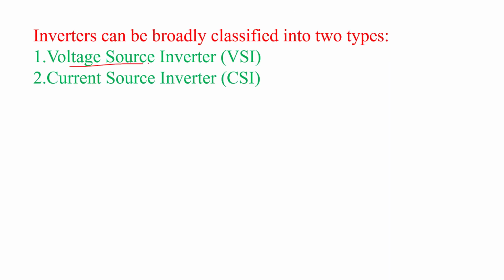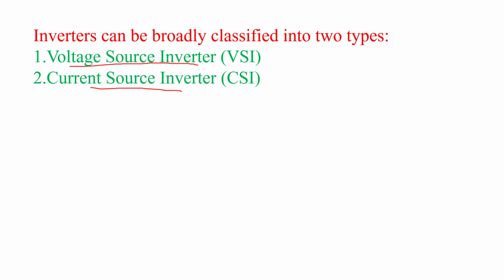Now, what do you mean by VSI and what do you mean by CSI? Before I discuss the comparison between VSI and CSI, we have to know what VSI and CSI mean. In a voltage source inverter, we require a constant voltage at the input side of the inverter.